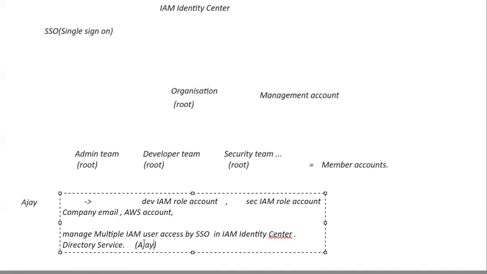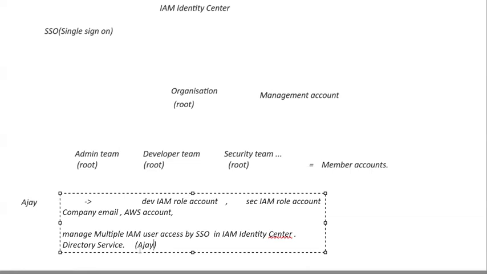Whenever he accesses AWS by using the company email through the directory services, using any one of the protocols, that is LDAP, OAuth or Okta, then after accessing AWS, since we attached the roles to the user, the IAM Identity Center will provide access to the IAM services as well.